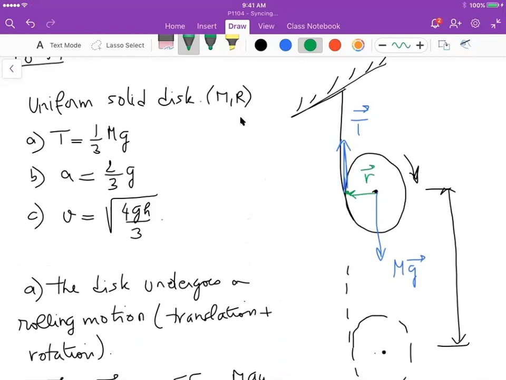And since the tension is tangent to the circular object, which is in this case the disk, then we know that the tangent and the radius are perpendicular, and therefore r is perpendicular to T. Now, if we use our right-hand rule, we'll find out that the torque of the force tension is pointing inward. So tau is pointing inward.